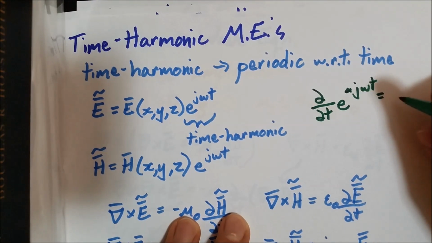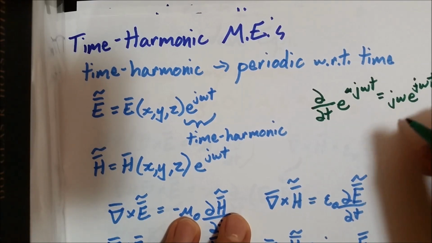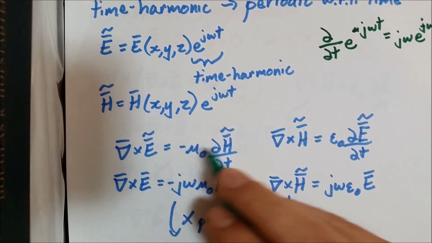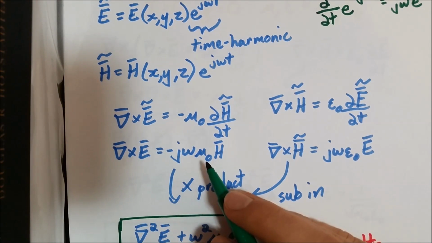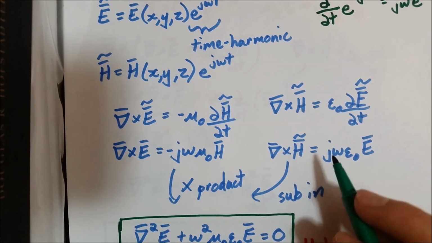This is simply equal to j omega times e to the j omega t. So that's all I did here. I plugged these into these equations, and what you're left with here is the time harmonic version of Maxwell's equations relating the electric and magnetic fields.